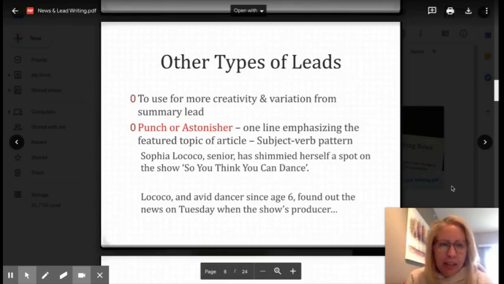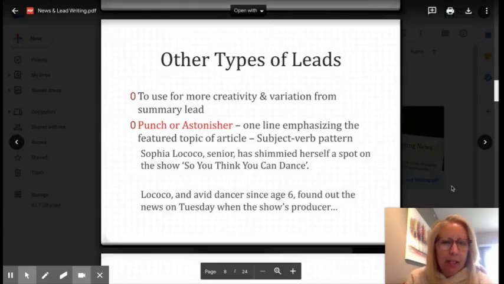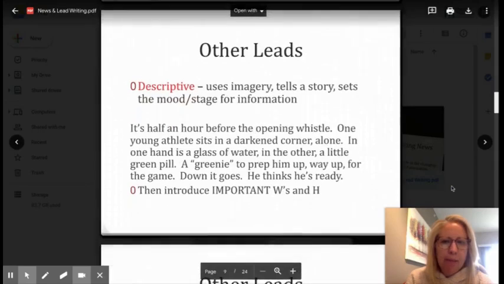Okay, and then the next paragraph would say, Lococo, an avid dancer since age 6, found out the news on Tuesday when the show's producer, and you would continue on answering the 5 W's and an H. So it's a one-line punch, right? Because it's interesting information on its own, and you can use some fun verbs like shimmied, but you want to be careful about the topic that you're writing about when you use that.